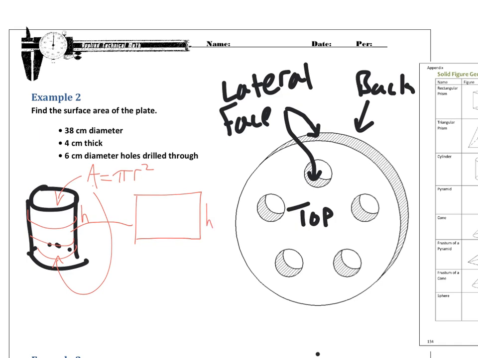The distance around that cylinder is the circumference, and the circumference of a circle is 2 pi r. That's how we find the circumference of a circle. So the area of this rectangle that's wrapped around is 2 pi r times h.